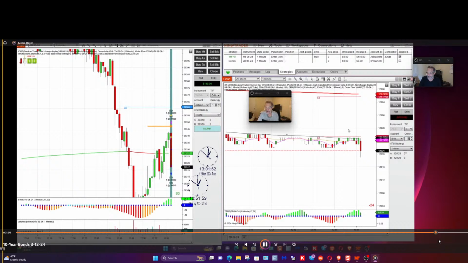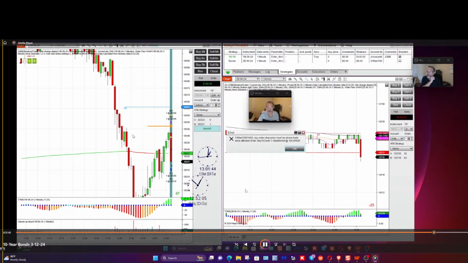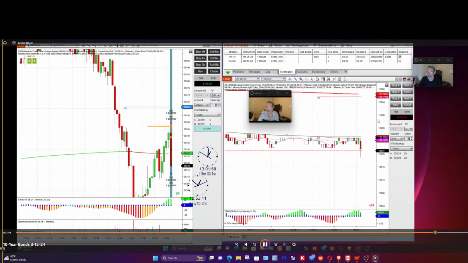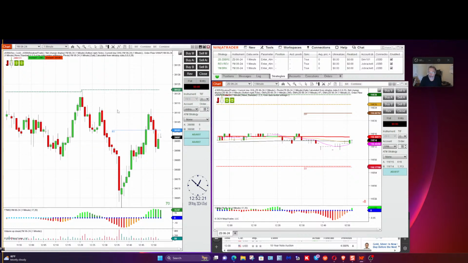And let's see what happened on the bonds. It's hard to see. Here's the bonds. And bonds was a stop, it looks like to me. It was one of those bonds that, with the naked eye, it looked like it would have been a good trade. But it was actually a very fast reversal up and down. And sometimes that happens.